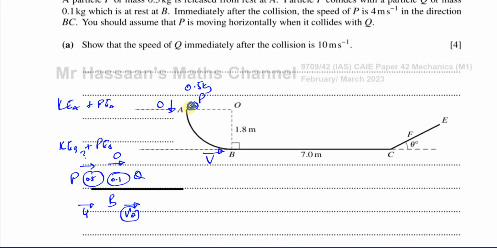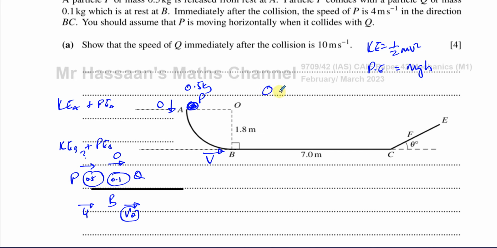The kinetic energy of this particle P at A is, remember, kinetic energy is equal to a half mv squared, and potential energy is equal to mgh, where h is the vertical height. So a half mv squared is 0 because the velocity at the top is 0.